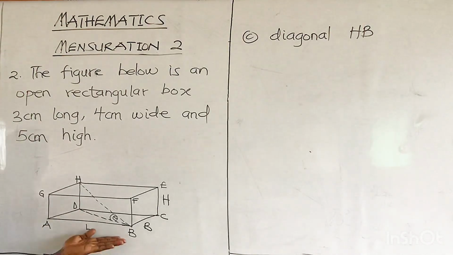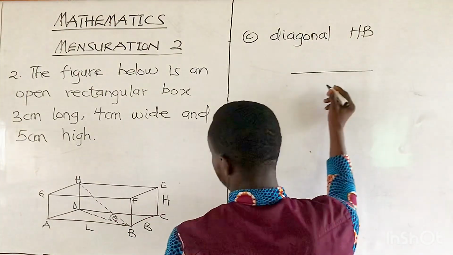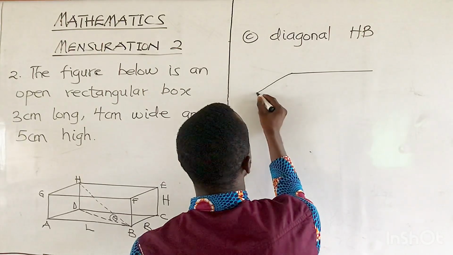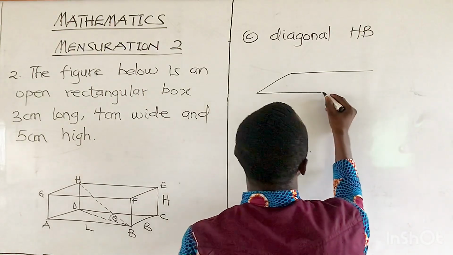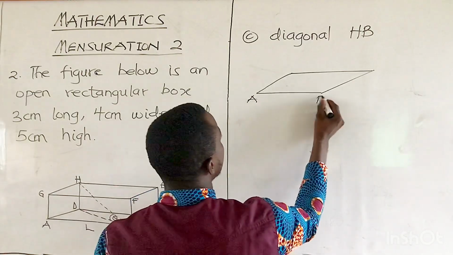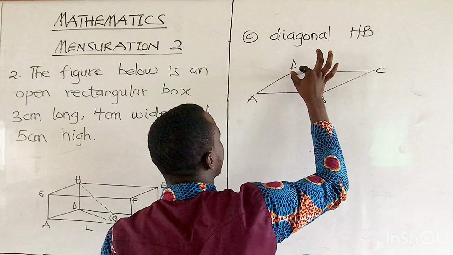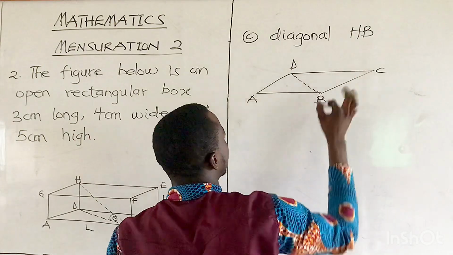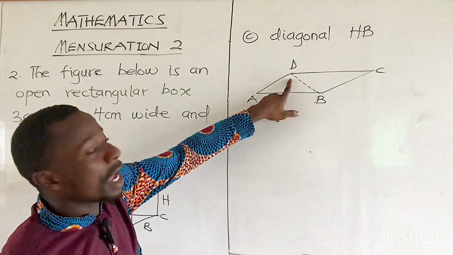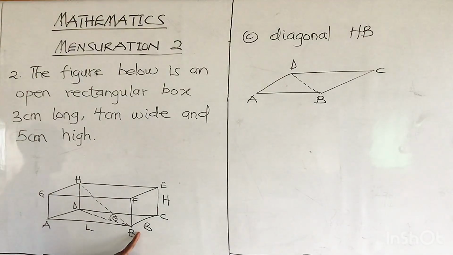But DB is taken from the rectangular base, which looks like this. So we have A, B, C, D. Now, if we are able to get DB, we can easily get the HB.